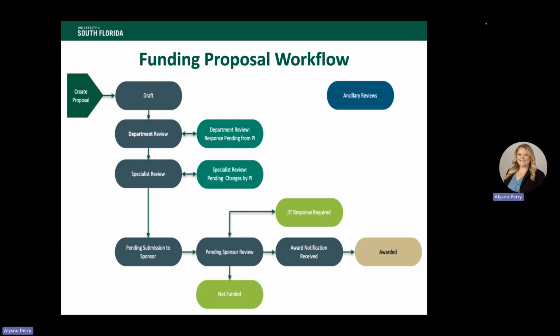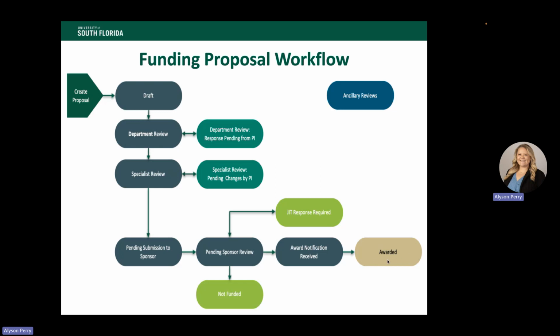Now, depending on who receives the award notice, you may log it in the system, or our SRA will log it in the system, and then we will add the notice of award and it will become awarded.